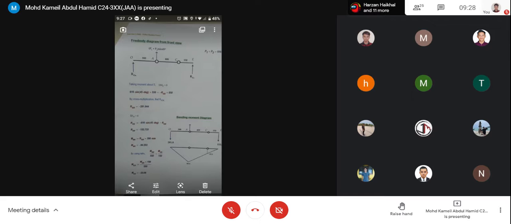Make sure you don't forget. Okay, you have your ROX now, ROX. And then, okay, at point O, kemudian at point A, you have your P1 plus P2 sine 45. Okay, no problem. Okay, sine cos 45, even though the same value kan. Okay, and then you have your REX, okay, at point E. Okay, get your ROX dan REX.